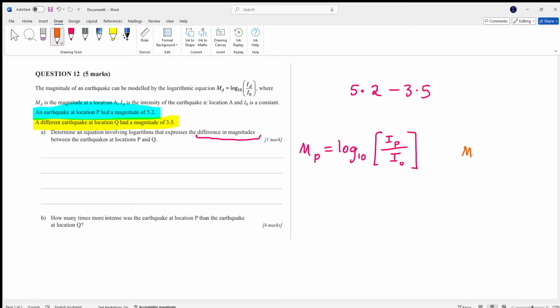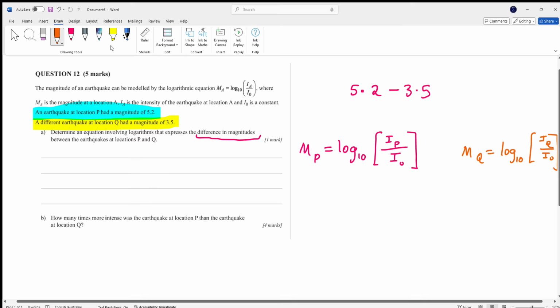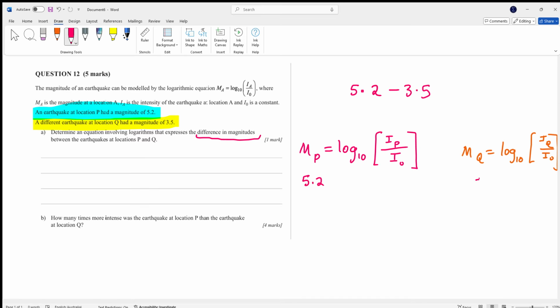So the magnitude at location Q is going to be log 10 of the intensity at Q divided by that same constant. Now, we know this is equal to the 5.2, and this is equal to the 3.5. So when they're saying determine an equation involving logarithms that expresses the differences, all we're going to do is merge this into one equation.